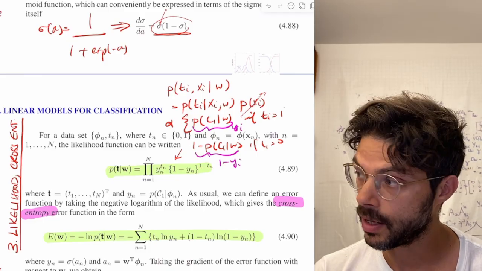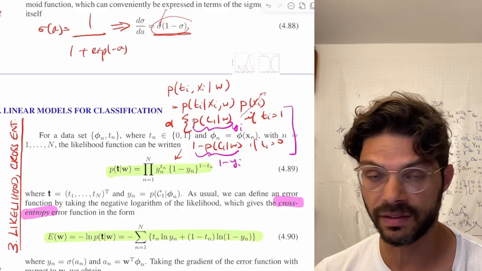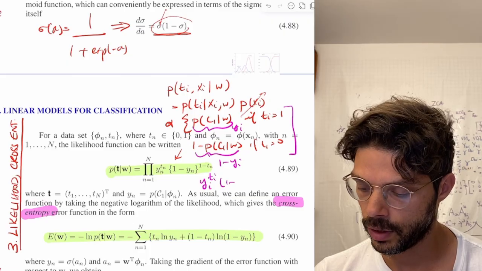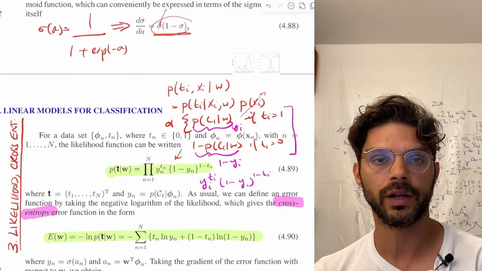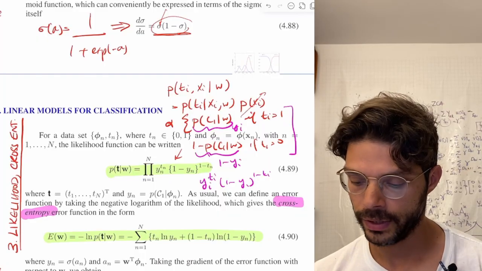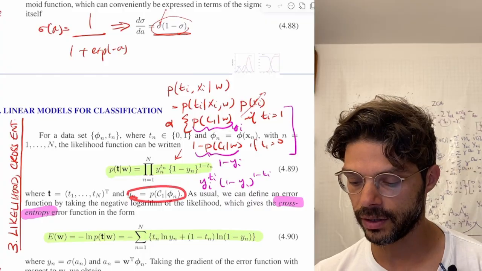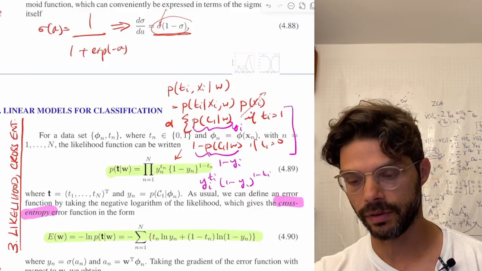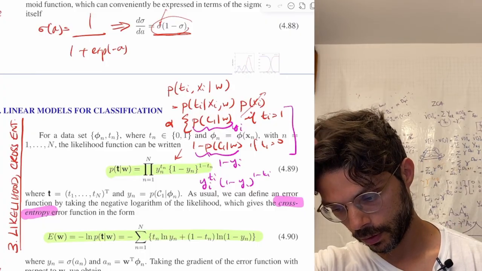And so we can express this very succinctly as y_i to the t_i, times 1 minus y_i to the 1 minus t_i. So you've probably seen this. We've been doing this trick since we were talking about Bernoulli things way back in the day. That's where all that comes from. Okay, so it's just picking out, based on the y_i's, which are the class probabilities given the features, and the t_n's are the labels, which one to use. Okay, so that's the likelihood.